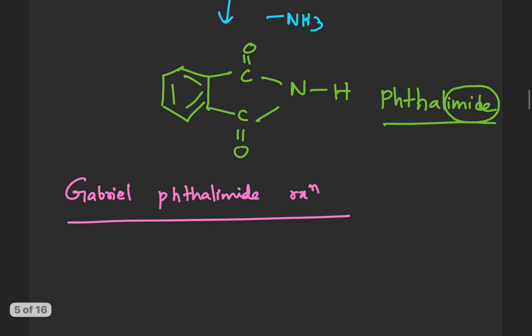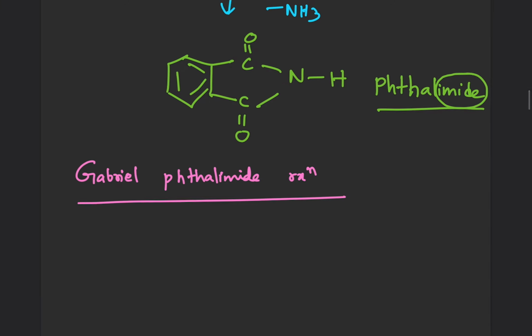Cool. So the second reagent that we treat this phthalimide with is ethanolic KOH, okay? So obviously this will contain a negative charge, this will contain a positive charge. In KOH, K is positive, OH is negative. So what's going to happen?